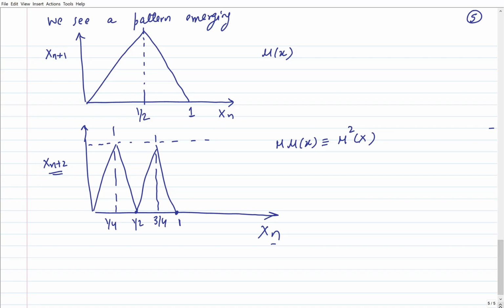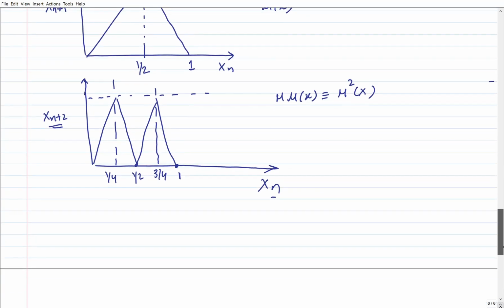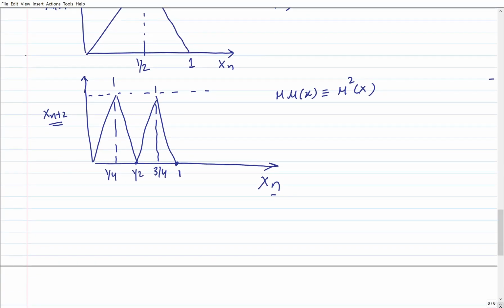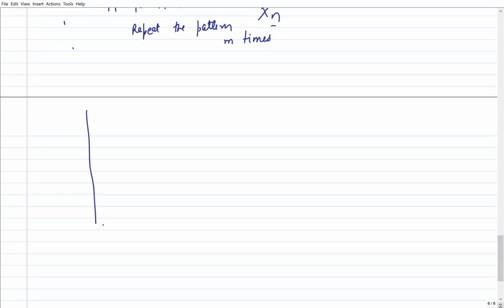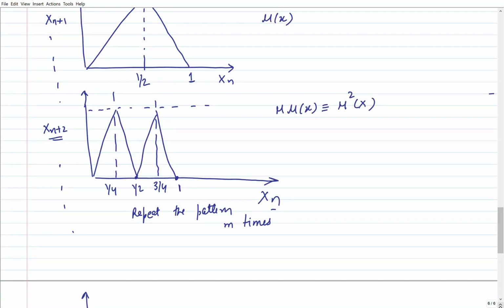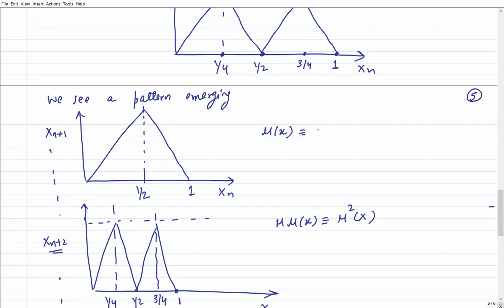And we can repeat this pattern m times, which would essentially give us, well, the ordinary map mx, or which I would call m1x, had one bump, m2x had two bumps.